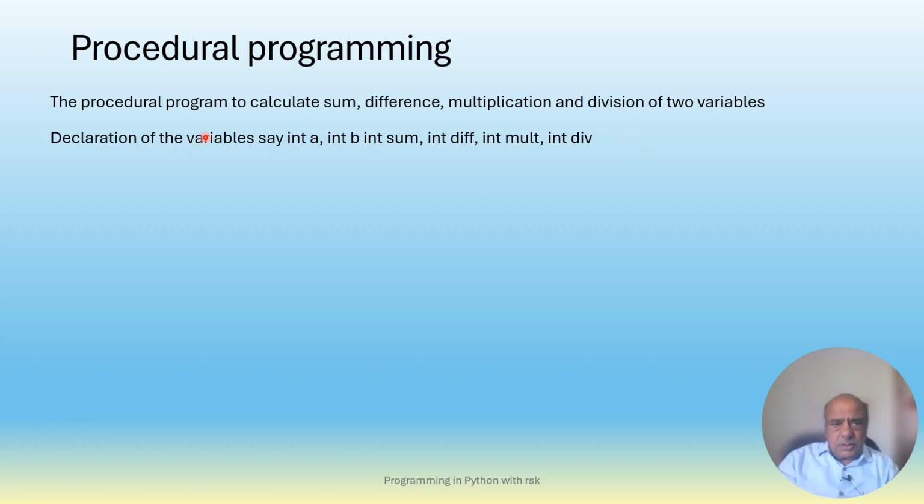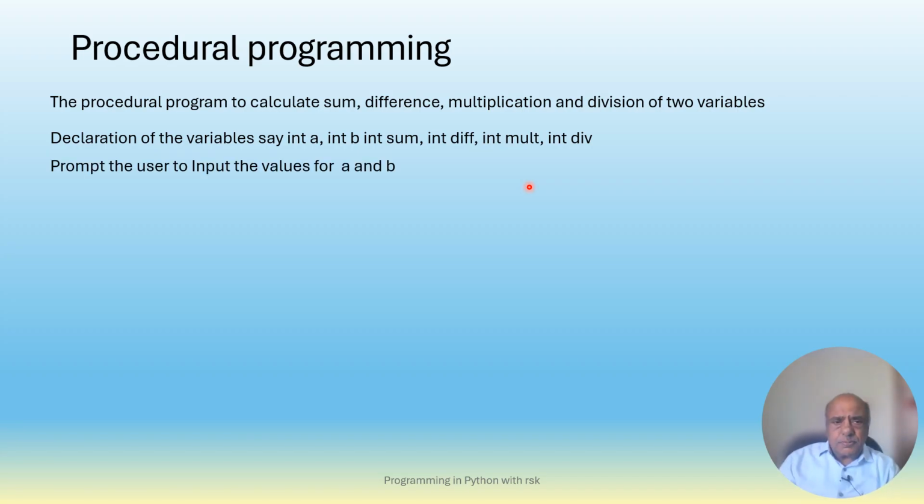Now this is not actually Python programming, because in Python we need not mention the data types of the variables which we are going to use. How we do it in Python, we will see in the next slide.